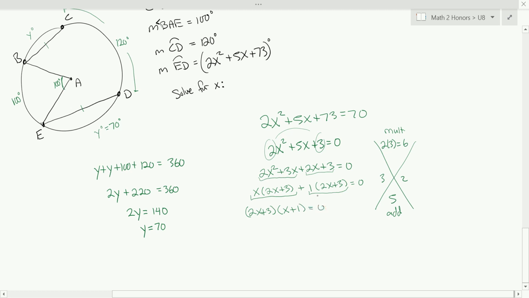So that's the factoring process there. Once you've factored, set your factors equal to 0 and solve, and you get 2 answers: -3/2 and -1.